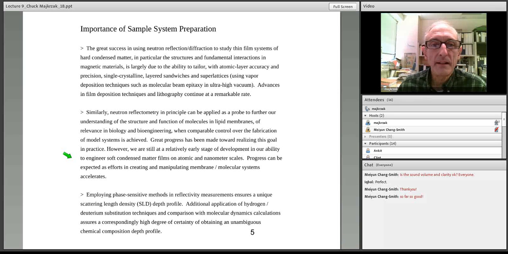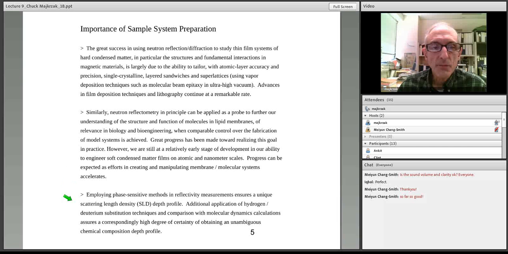People have spent a lot of time learning how to tether biomembranes to flat surfaces with special chemistries using alkane thiol bonds between sulfur and gold films on the surface of a single crystal silicon substrate, for example, and so on.